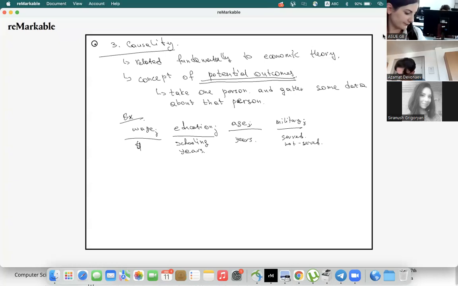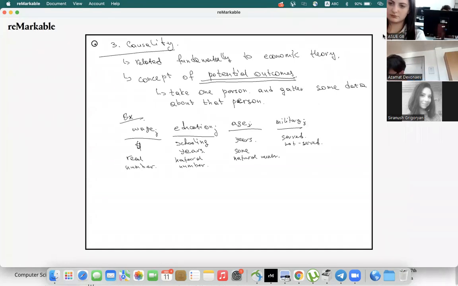So what you can see is that age can be some natural number. Education is also some natural number. The wage can be a real number.